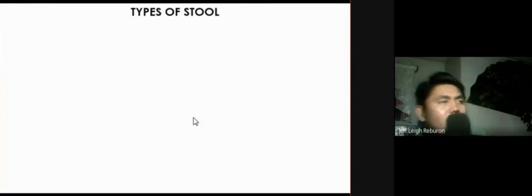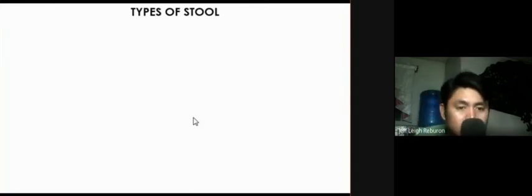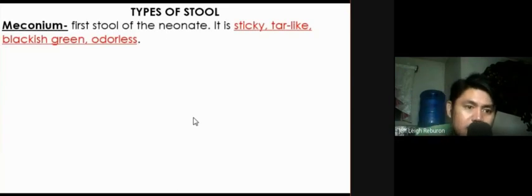Okay. Now, yaman din lamang na napag-uusapan na natin ang Gastro-Intestinal System, pag-usapan naman po natin yung types of stool. Okay? Because as midwives, pinag-aaralan natin talaga yan. Yung mga tae-tae na yan, pinag-aaralan natin yan. Now, the first type of stool that we will be talking about is meconium. Meconium is the first stool of the neonate. It is sticky, star-like, blackish green in color and it is also odorless.